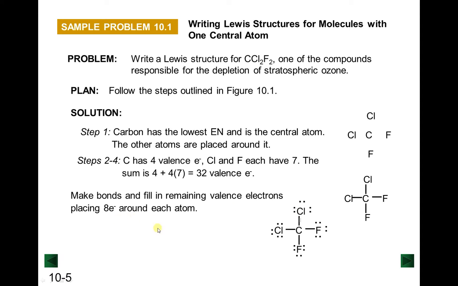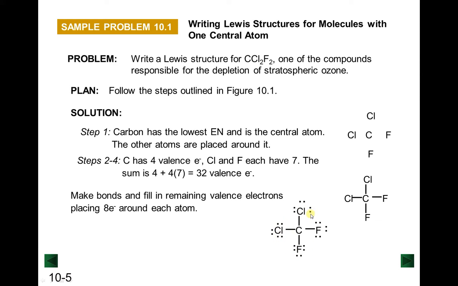And for these 24 valence electrons, the first thing you can do is distribute them as lone pairs to the peripheral atoms, such that all of the other atoms would have an octet fulfillment. So in this case, you can put 3 lone pairs for the chlorine here, 3 lone pairs for the fluorine, and then this fluorine would have 3 lone pairs as well, and this chlorine would have 3 lone pairs.